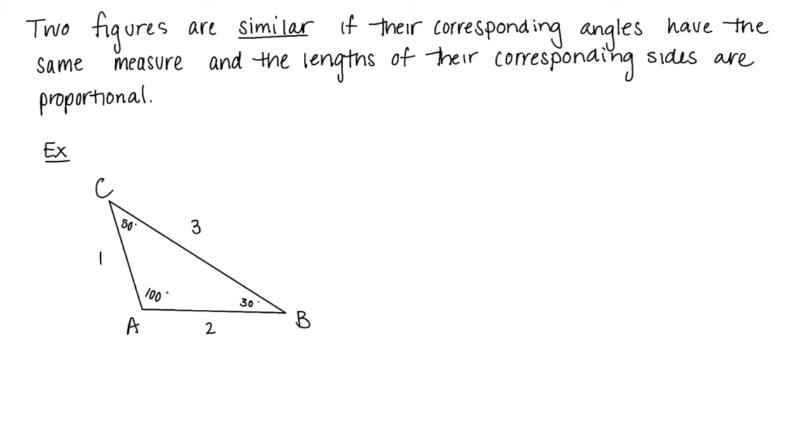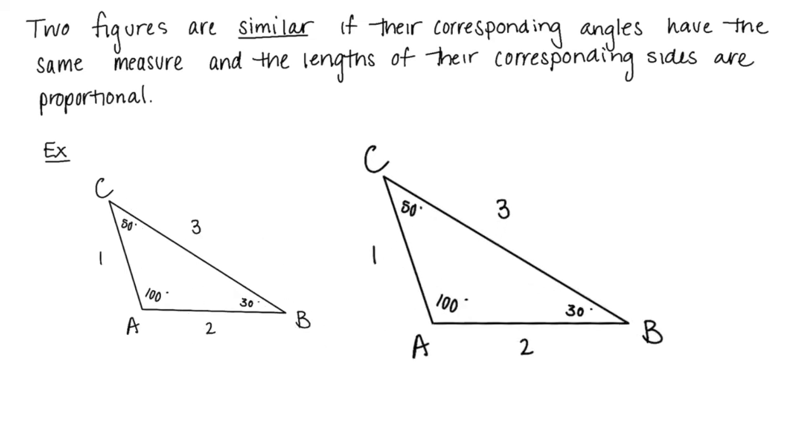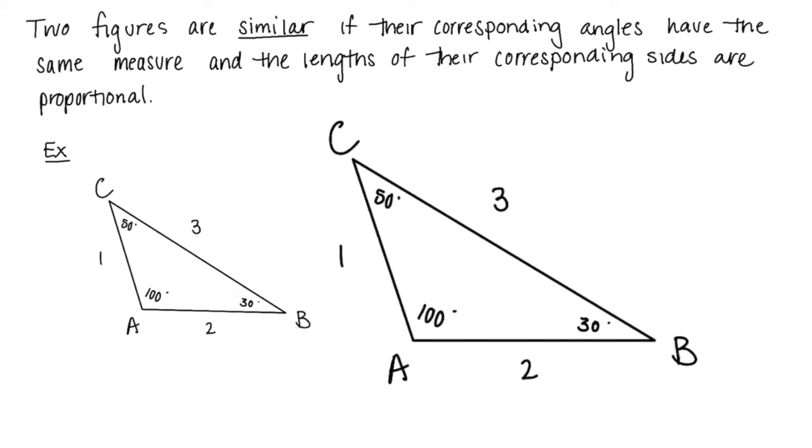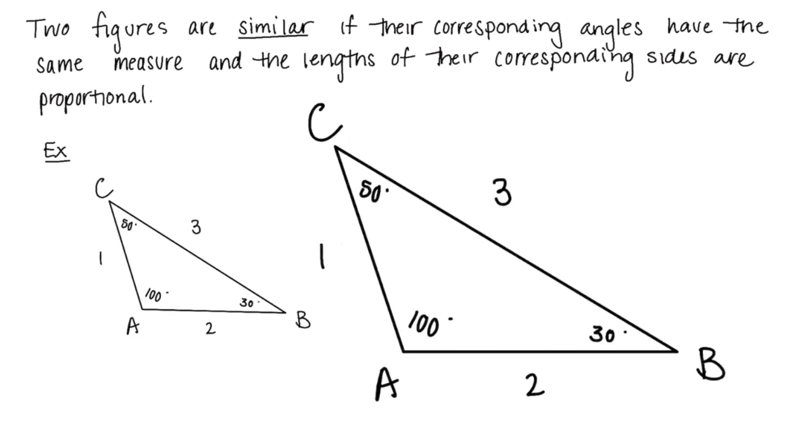If I go ahead and duplicate this, let's stretch it. Now it's twice as big, roughly. Those angles do not change at all. But now I've got new side lengths.